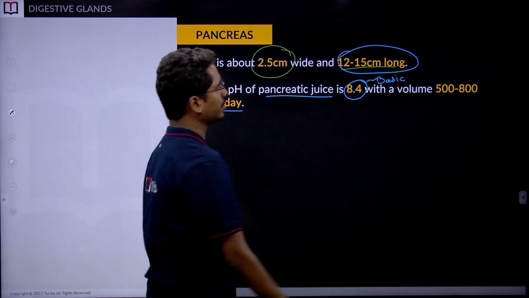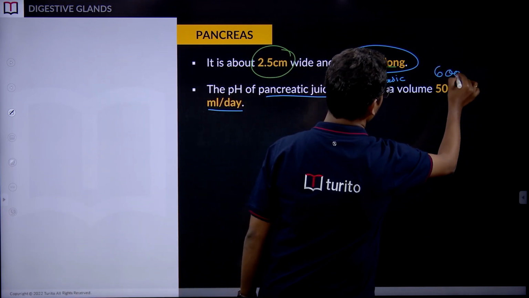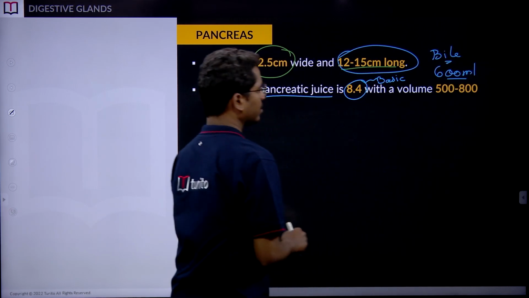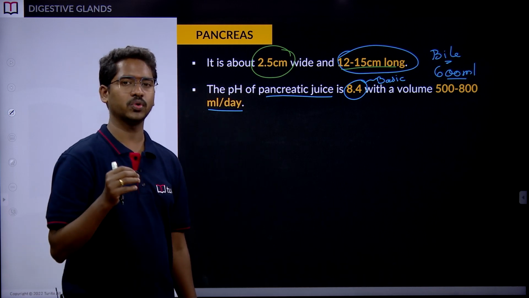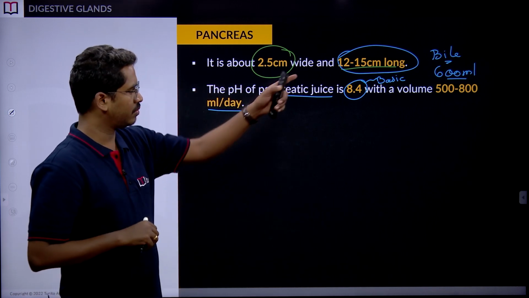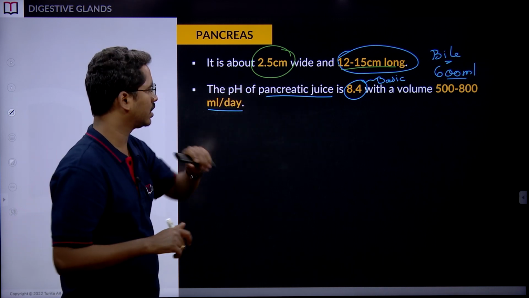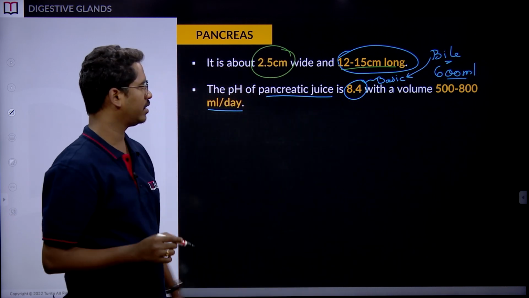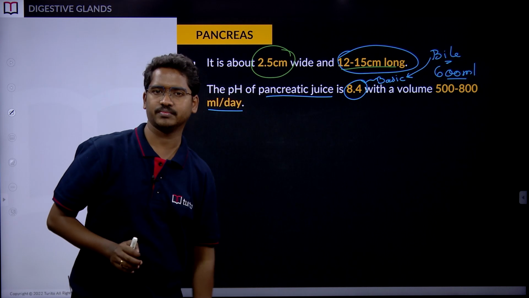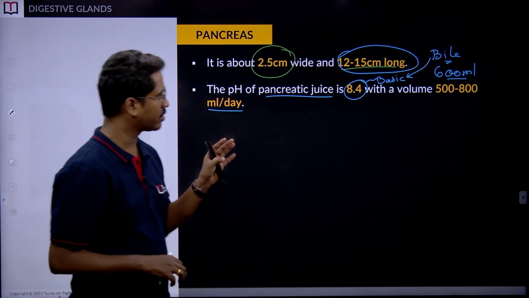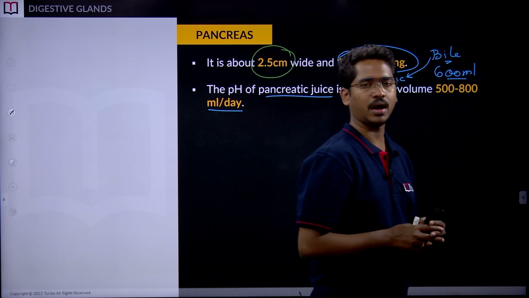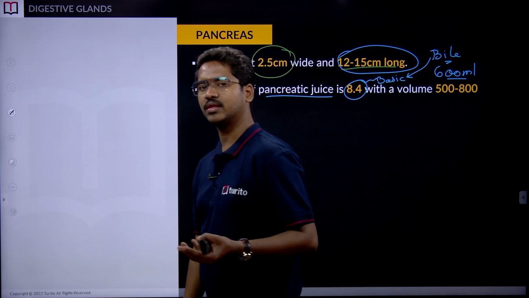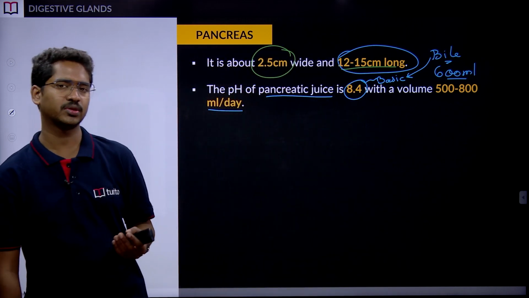So, you have to understand one thing, children. If you think of the bile juice, it is released for about 600 ml, and this is released around 500 to 800 ml. So, one thing is worthwhile to mention here, bile is also basic, and the pancreas releases the pancreatic juice, that is also basic. Now, these two basic components, and that too in high quantity, are more than enough to neutralize the chyme, which is acidic in medium.